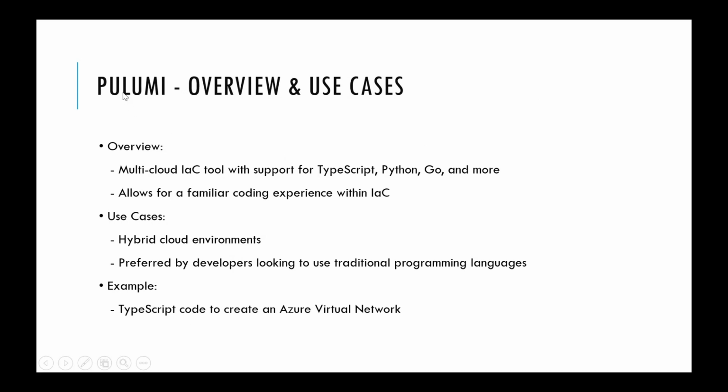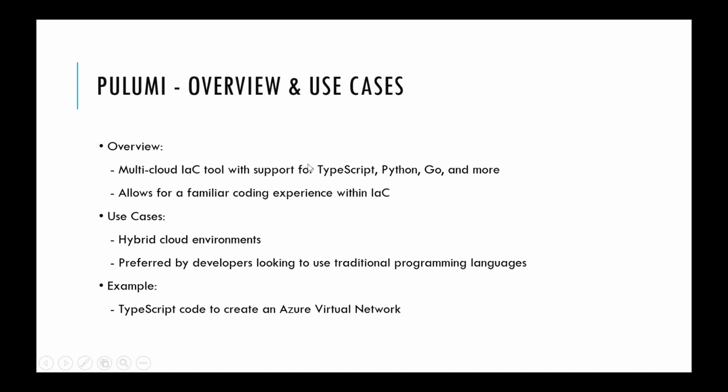The next tool is Pulumi. This is a multi-cloud IaC tool with support for TypeScript, Python, Go, and more. So in Terraform, you code your IaC resources in HCL, HashiCorp's language. But in the case of Pulumi, you get an option to code your IaC resources in Python, Go, and other languages as well.